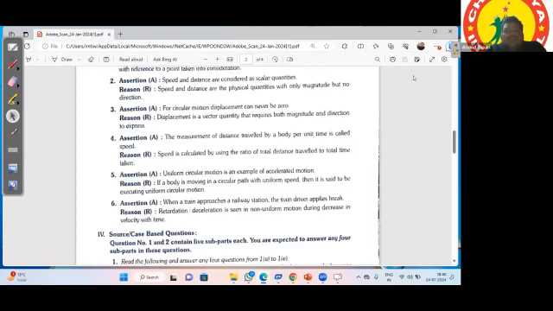The fourth point, the measurement of distance traveled by a body per unit time is called speed. Sir, is this also A? So that is correct. And reason is speed is calculated by using the ratio of total distance to the total time taken. Okay, so it's correct. But sir, total distance traveled by total time taken is average speed, right, sir? Yeah, that is the average speed.